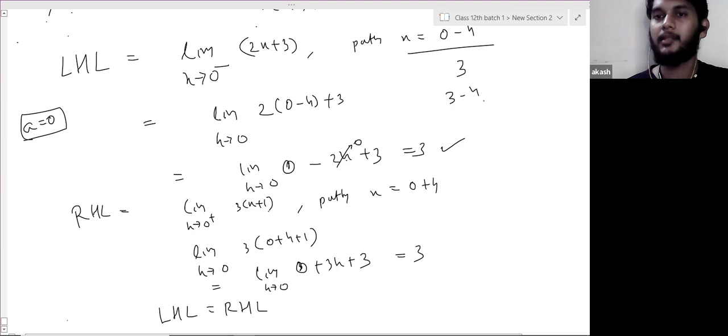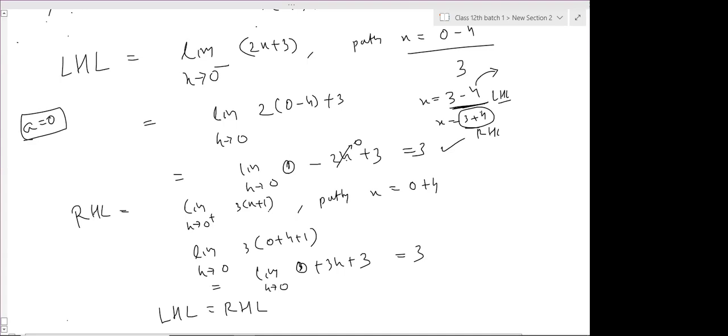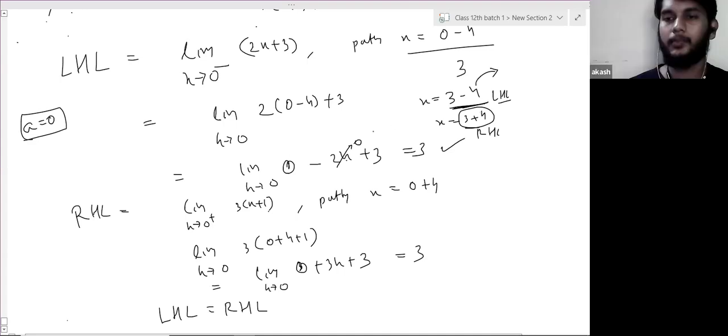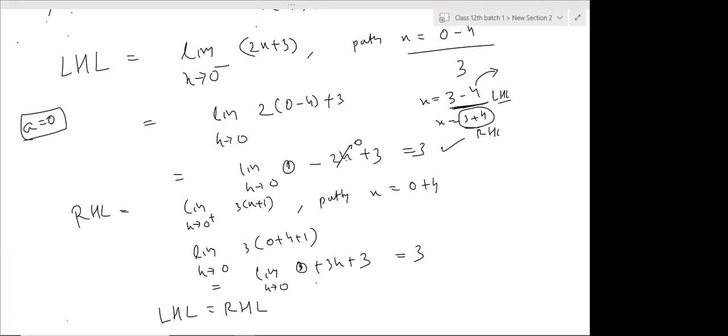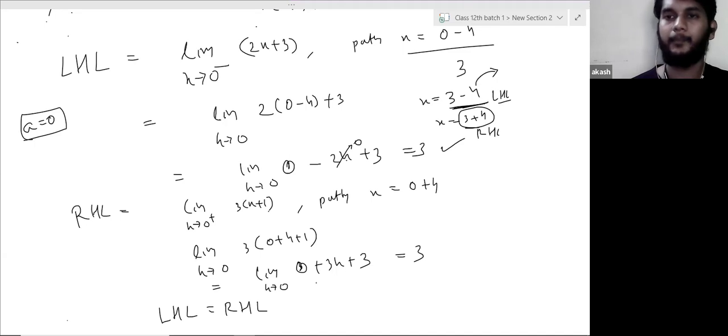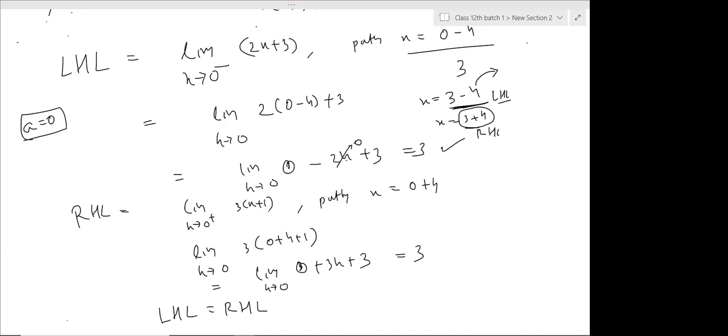If I write 3 minus h, and h is a positive quantity, that means x is slightly less than 3. That is what we're trying to find. And if we put x equals to 3 plus h, that means just a little bit more than 3. So this is RHL, this is LHL. Clear, Krishna? Yes, sir. All right, Kulsum, Syed. Yes, sir. All right, Ishan, clear? Yes, sir. All right. So next question.